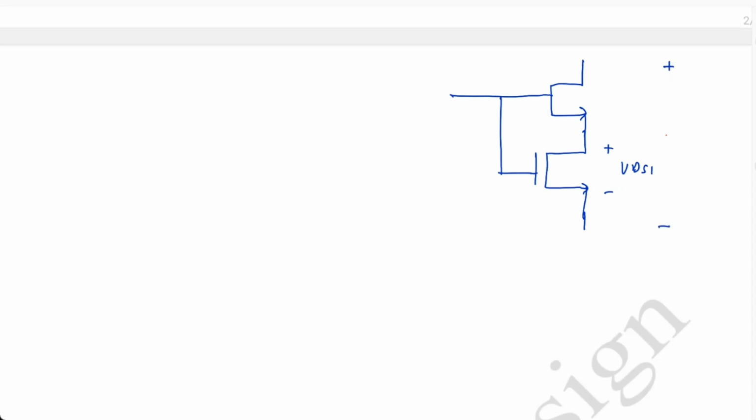This one is, suppose, VDS, and this one is VGS. And this one is VGS2. Suppose this current is I2 and this one is I1. They are in series, so I2 will be I1.